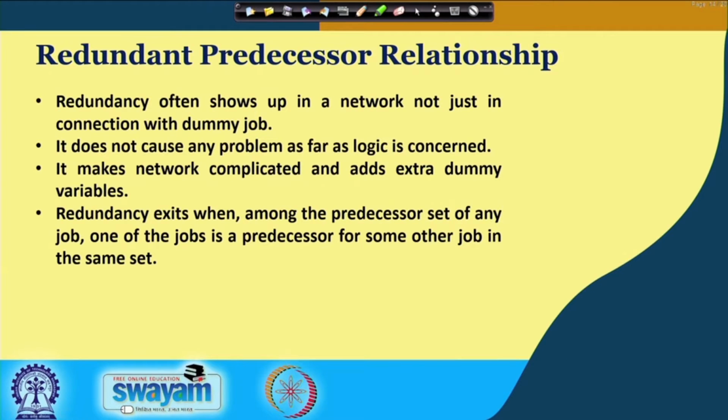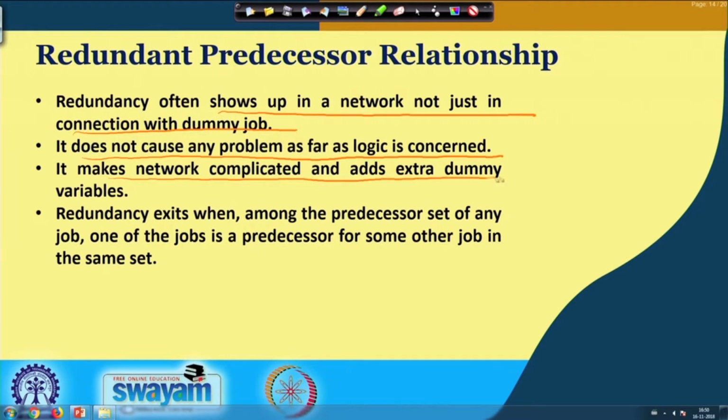So, this phenomenon is called redundancy, and redundancy often shows up in a network, not just in connection with the dummy jobs. It does not cause any problem as far as the logic is concerned, but it makes the network complicated, adds extra dummy variables, and in other terms it also takes longer time for solving the network.